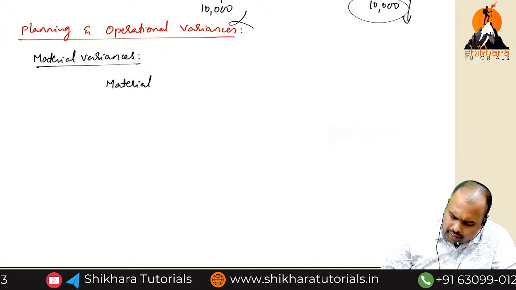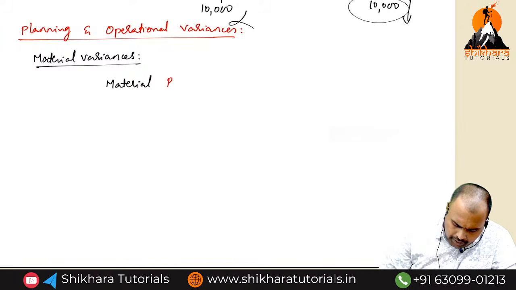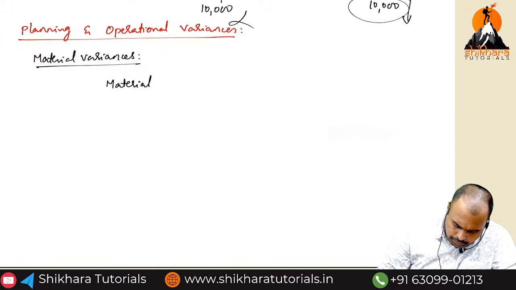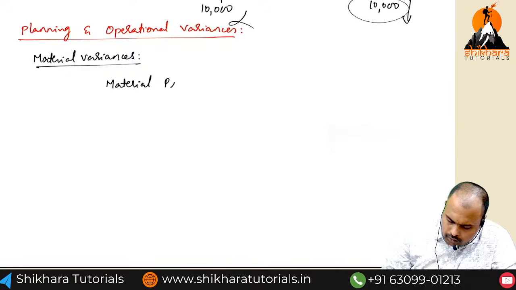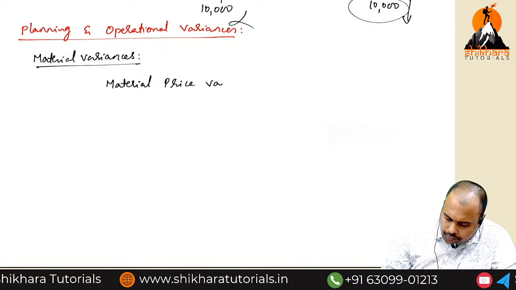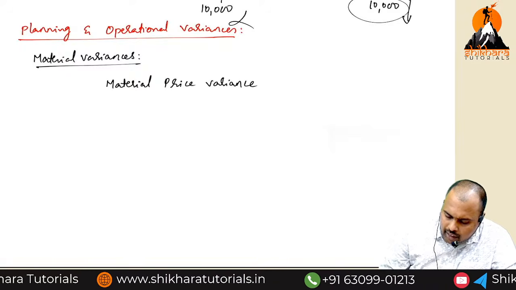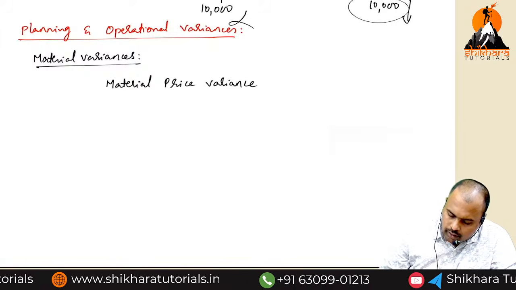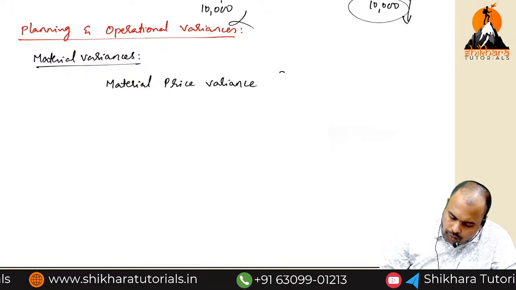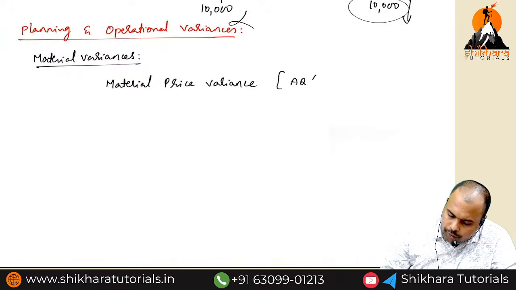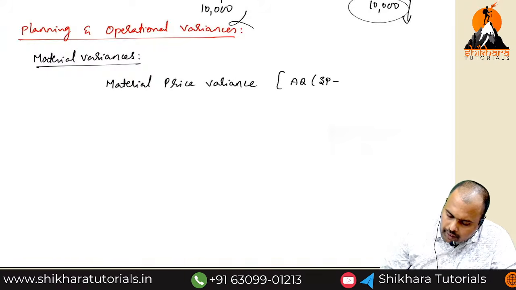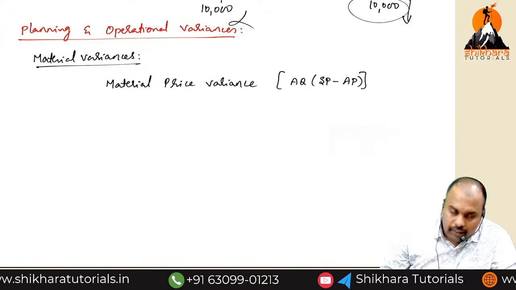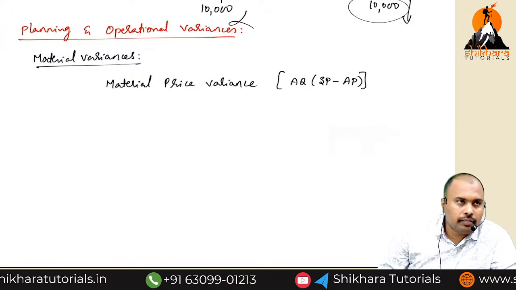Under that, material variances. First, material price variance. What is the regular formula for material price variance? The regular formula is AQ into standard price minus actual price.